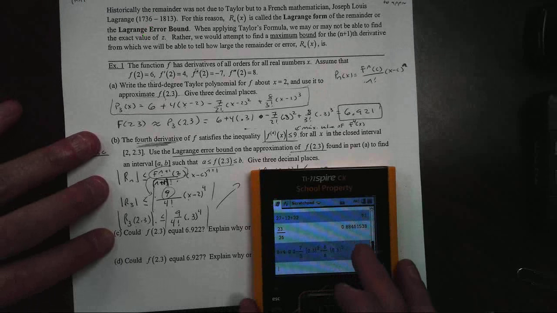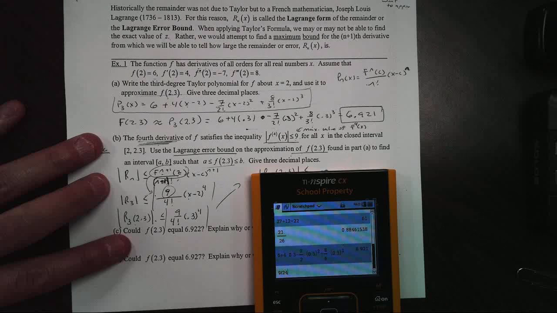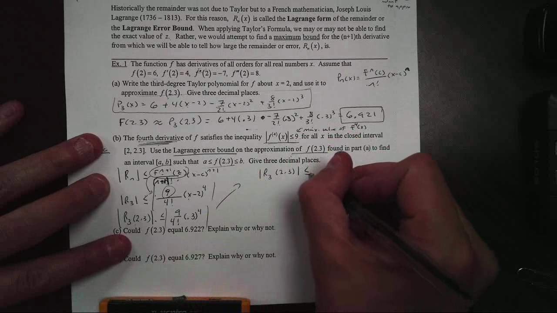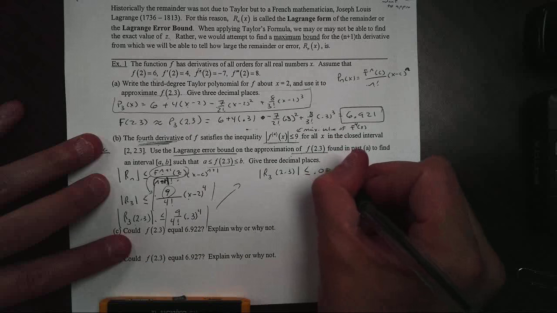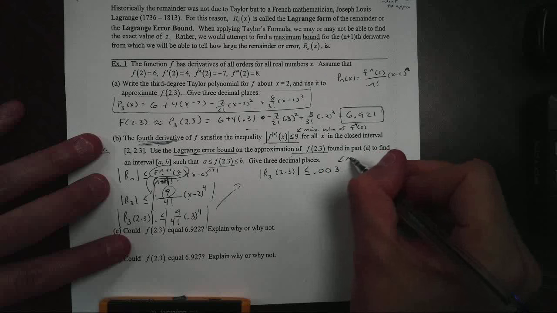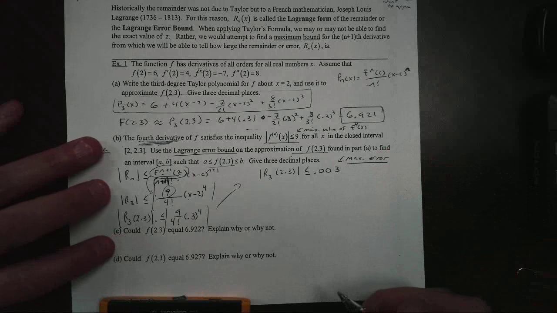See, got that 6.921. You can see it. If I take 9 divided by 24, and then multiply that by 0.3 to the 4th, I get 0.003. So we're saying our error has to be less than 0.003. This is my maximum possible error right there.